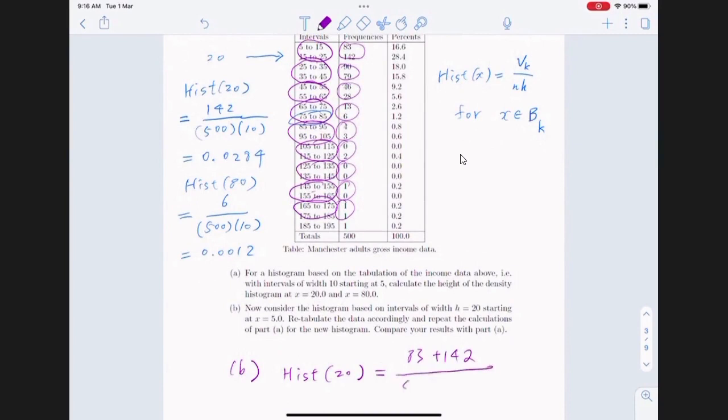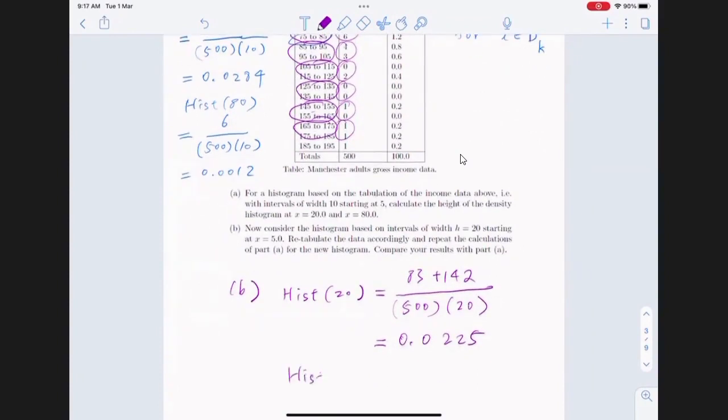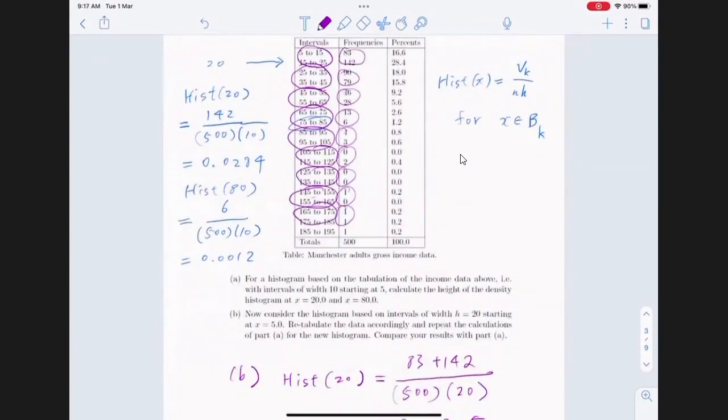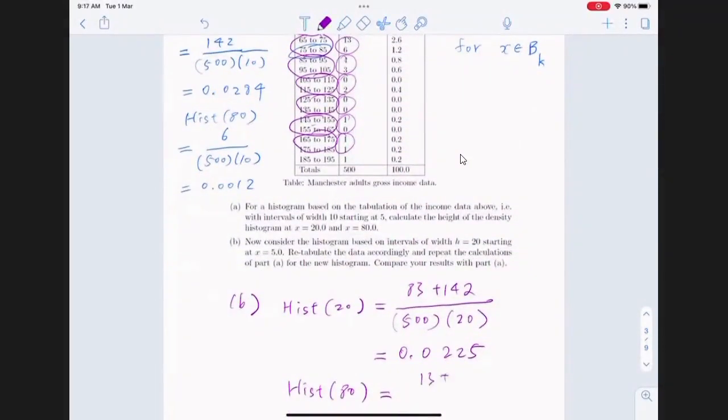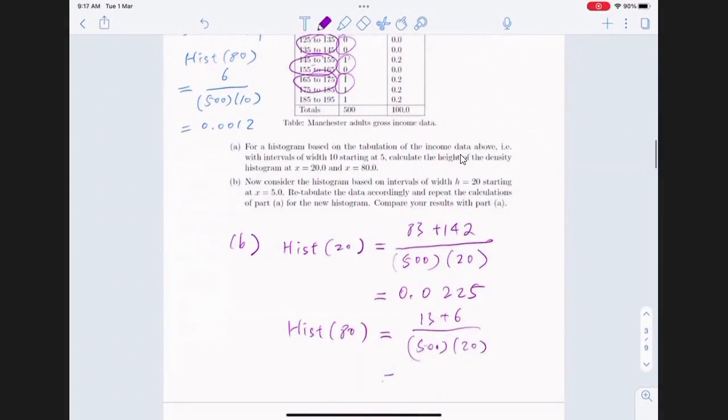Divided by the sample size. This time the width of the interval becomes 20 because we group them, so the length of the interval becomes larger. And this becomes 0.0225. Similarly, the histogram at 80, which is in the group from 65 to 85, the count will be 13 added to 6, divided by the sample size and width, and it is equal to 0.0019.